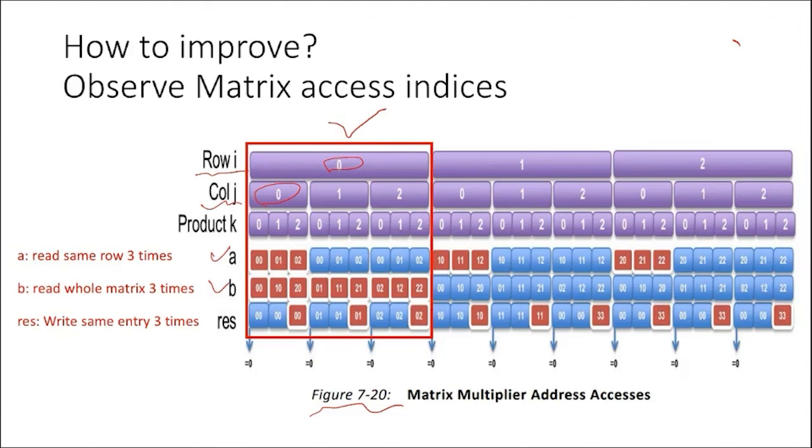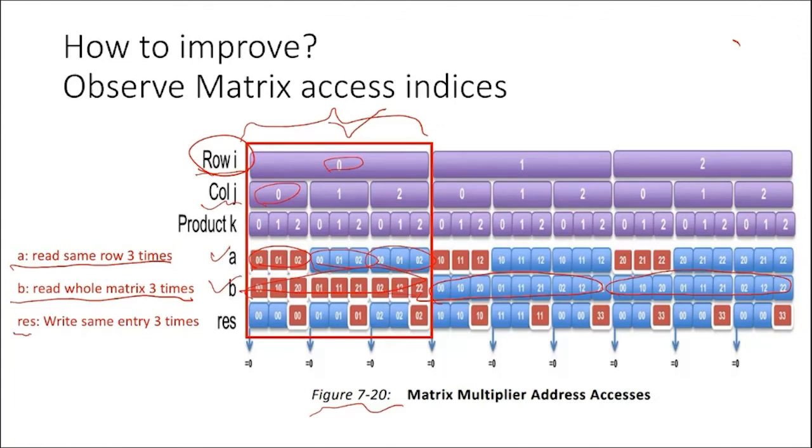For example, in this red block, matrix A repeatedly reads the same row 3 times. And matrix B is accessed 3 times in the whole process, and in each row index I, the whole matrix B is accessed.